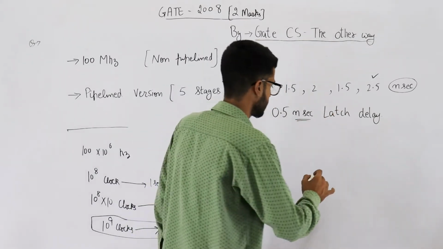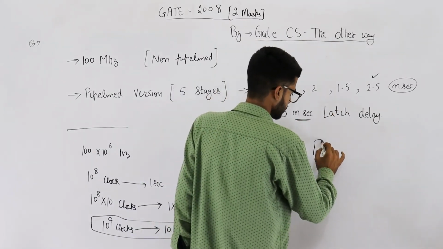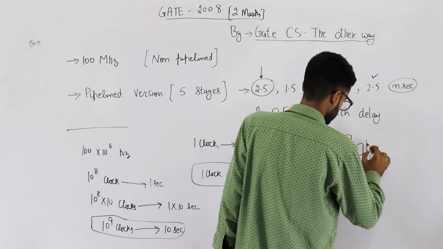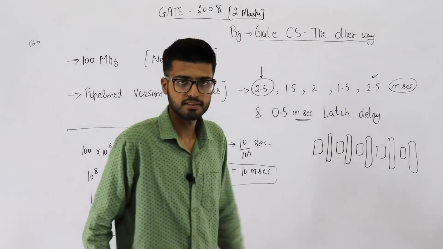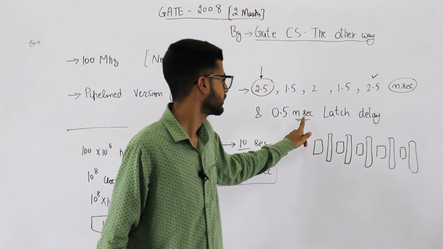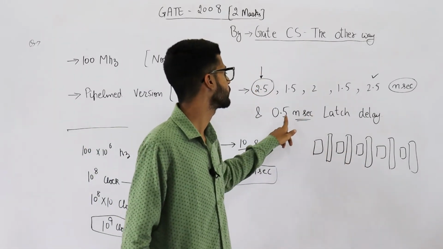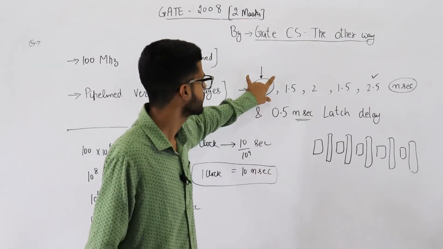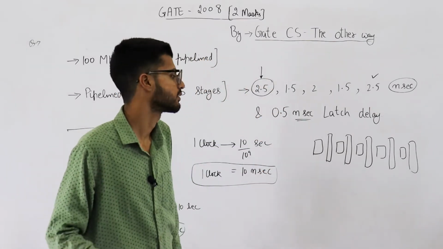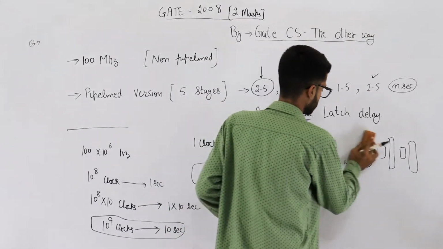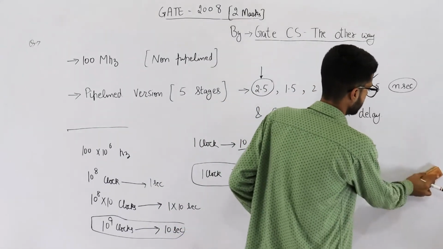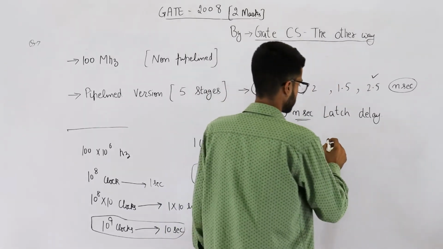We have already seen that diagram, no? Between every stage, we have placed some buffer. These buffers or latches require 0.5 nanoseconds. Stages require 2.5 nanoseconds. In total, this comes out to be 3 nanoseconds.